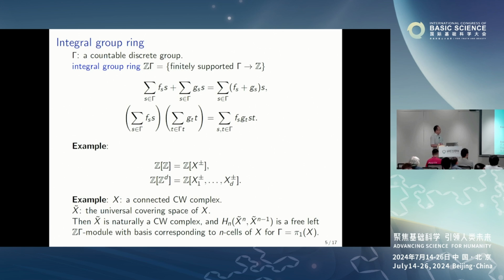Then gamma acts on the relative homology also very naturally, and this is actually a free left module where the basis corresponds to the n-cells of the original space. So you see why group rings come up when we take the CW complex and go to the universal covering space.